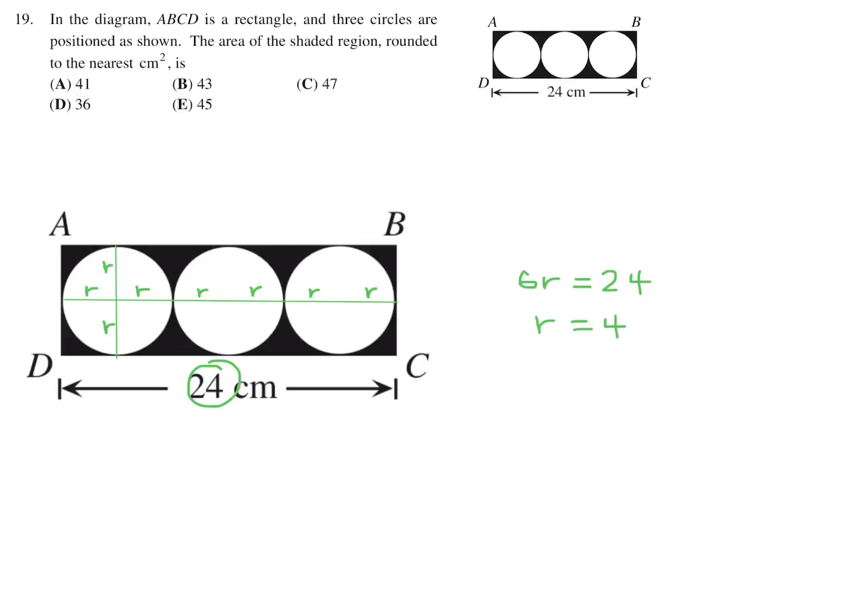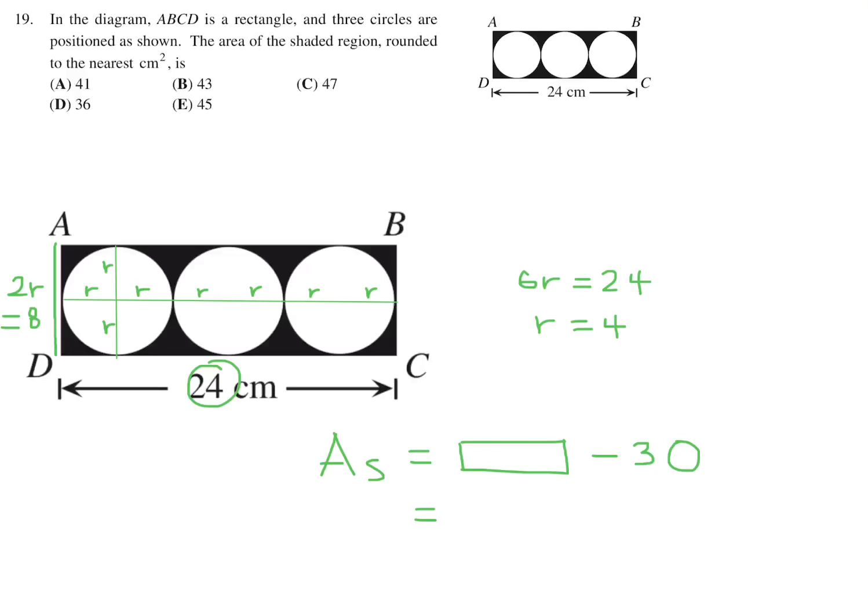And then we want to figure out the top to bottom, A to D. Well, that's just 2r, and r we just found out was 4. So that equals 8. So the area of the shaded region, AS, is the area of the rectangle, subtracting from it 3 circles.